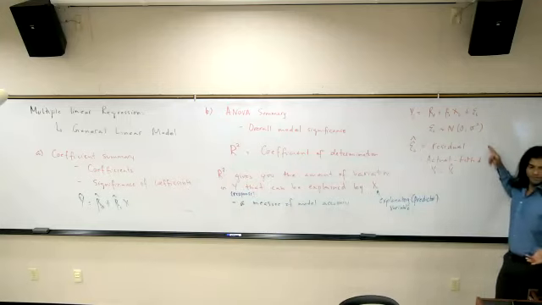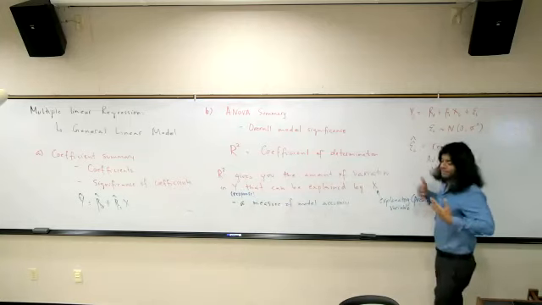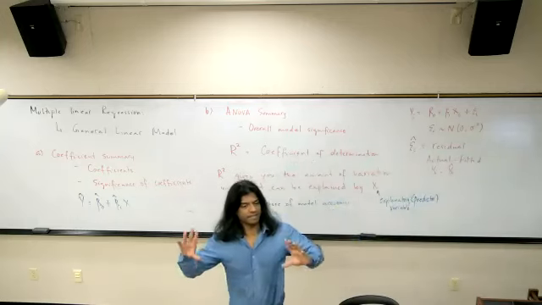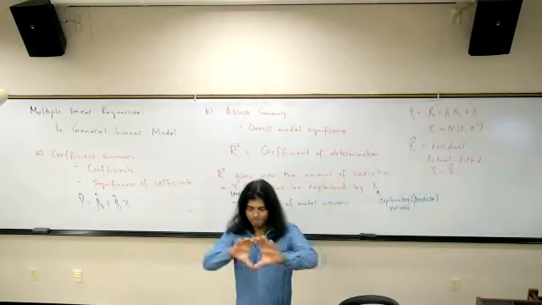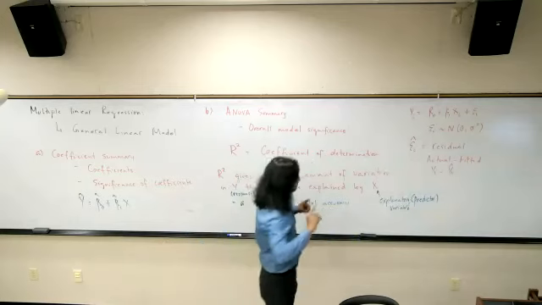Something you need for linear regression. Or a residual plot? Very good, a residual plot. And when you do a residual plot, what should that picture look like? A straight line. You cannot see patterns in it.